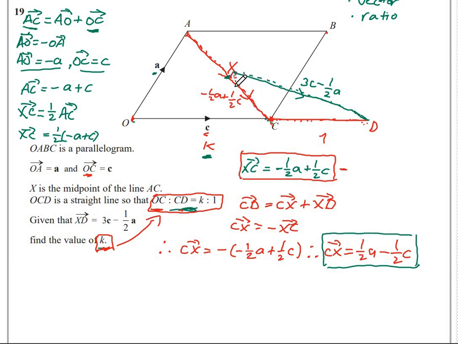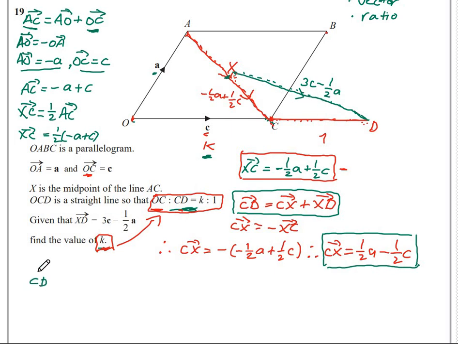And why did I want to find CX? Because I needed to go from C to D. So remember here we have CD equals CX plus XD. So I have CX, I already have XD, so now I can just add them together.